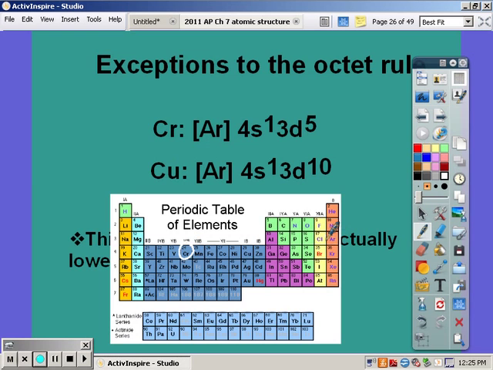But it's lower in energy and more stable if it moves one of those 4s electrons to the 3d, giving it 4s1, 3d5. The same thing's going to happen with copper, where it should have been 4s2, 3d9. It's going to lose that electron in the 4s and move it to the 3d.